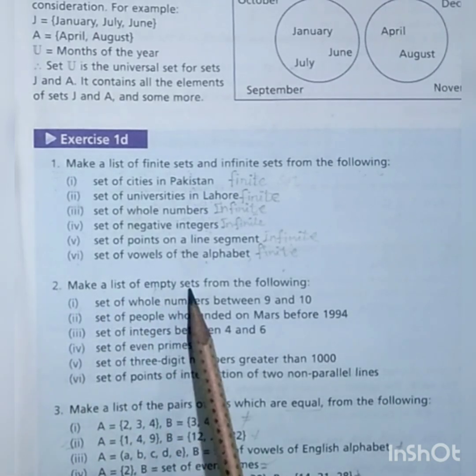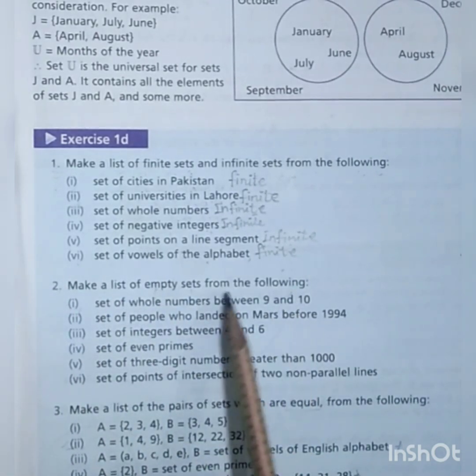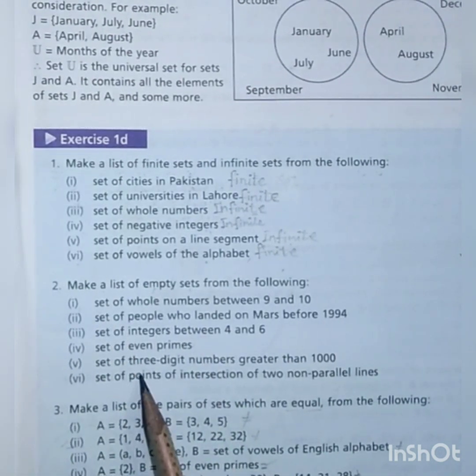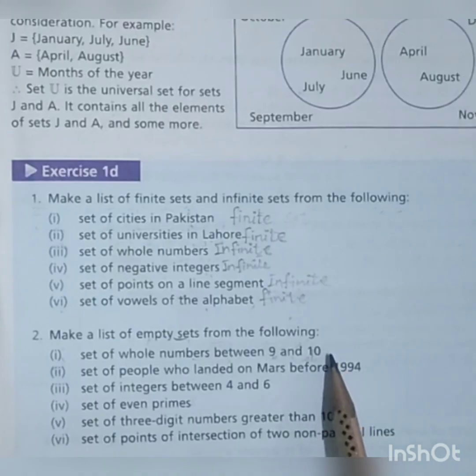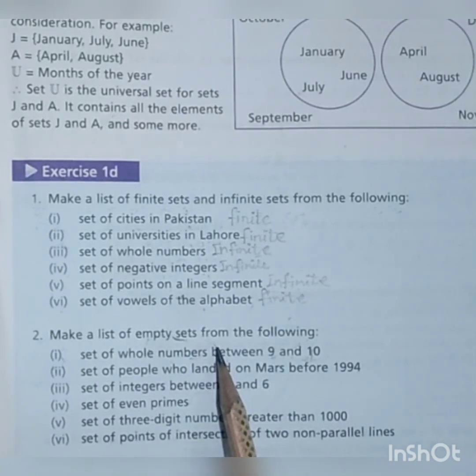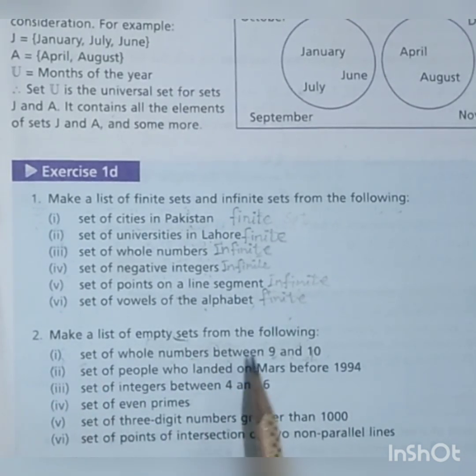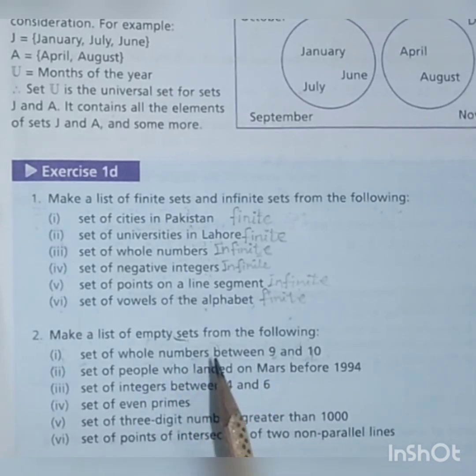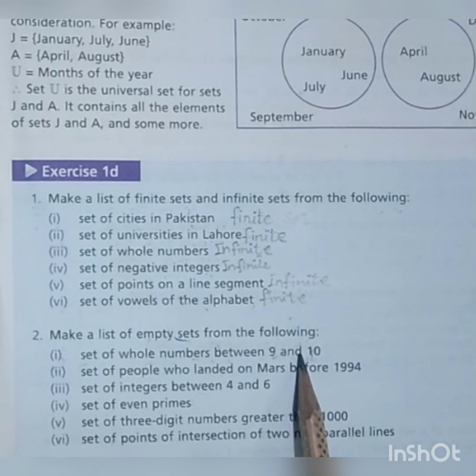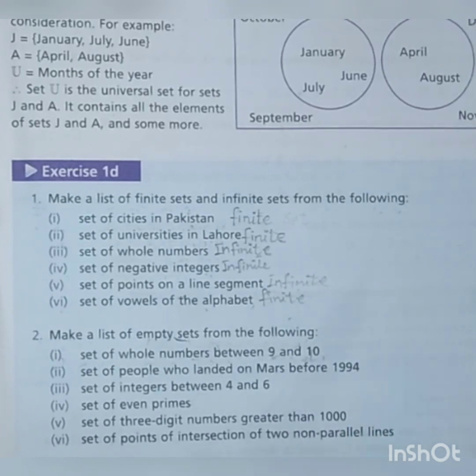Let's move towards the question number 2. Make a list of empty sets from the following. We have to make a list of empty sets, either the given sets are empty or not. We have already studied that empty set is that set in which no element is present. So here, whole numbers between 9 and 10, there is no whole number between 9 and 10, so it is an empty set.